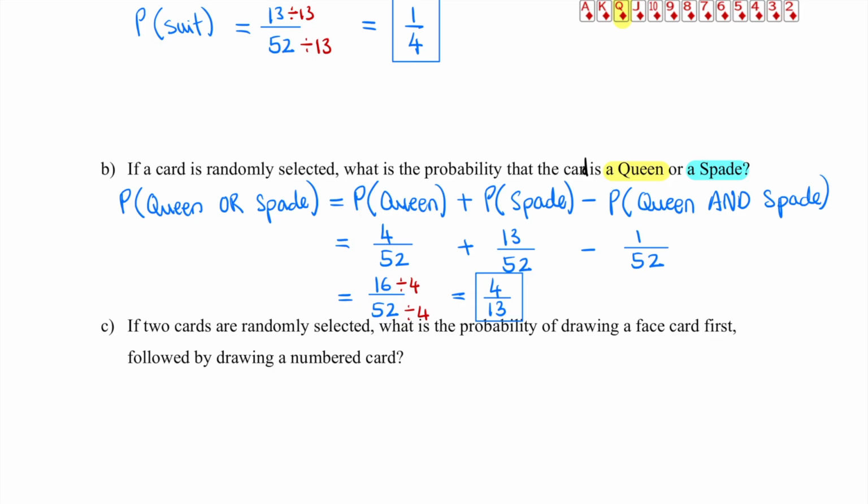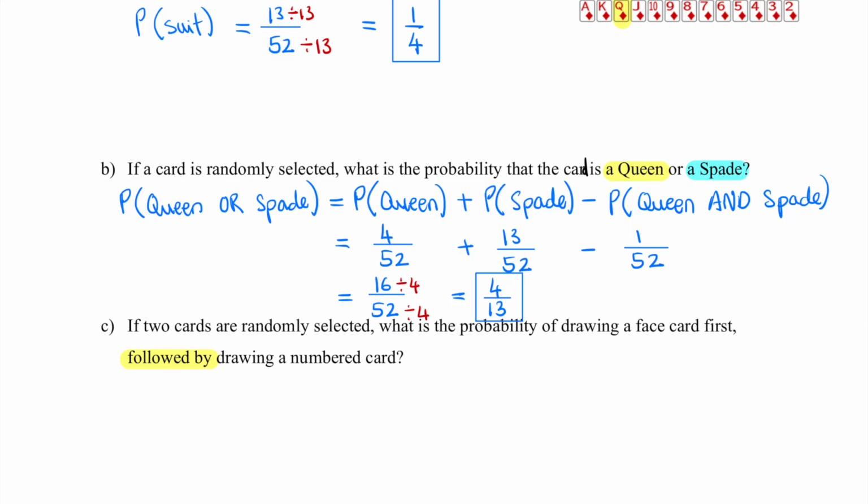Question C. If 2 cards are randomly selected, what is the probability of drawing a face card first, followed by drawing a number card? Notice the phrase "followed by." Even though this problem appears in the addition rule section, the keyword tells us this is actually a multiplication rule problem.